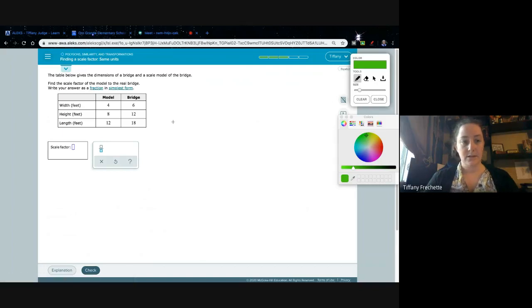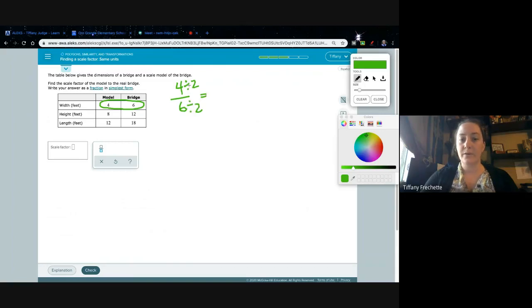Next. Okay, so the table below gives the dimensions of a bridge and a scale model of that bridge. Find the scale factor of the model to the real bridge. So we want to go model first and then bridge. So we'll do this one first here. So we'll do model to bridge. We can reduce by dividing by 2.